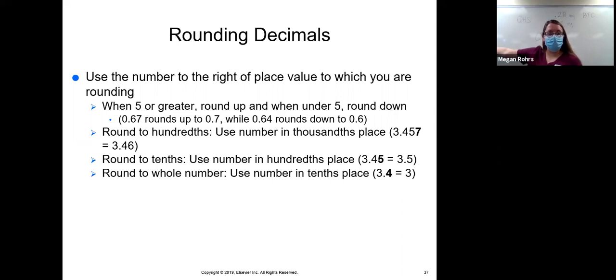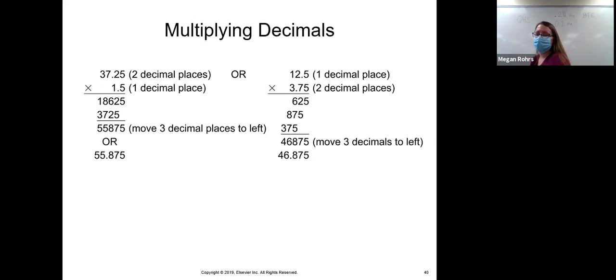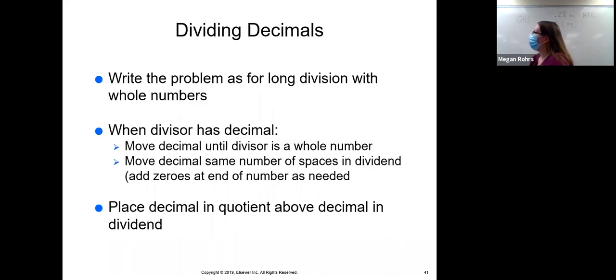If you're not comfortable with how to round, please let me know as soon as possible so we can make sure that we get the right answers in the future. And then basic addition, subtraction, multiplication, and division with decimals. Once again, they go into the longhand version. We have access to a calculator.